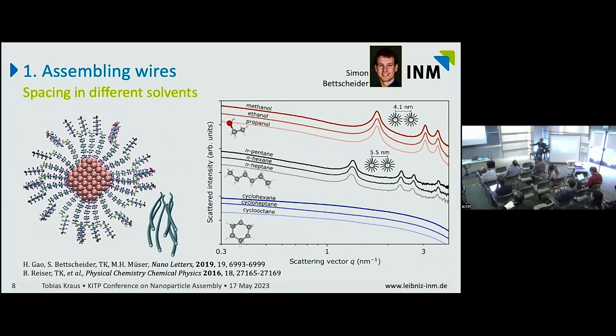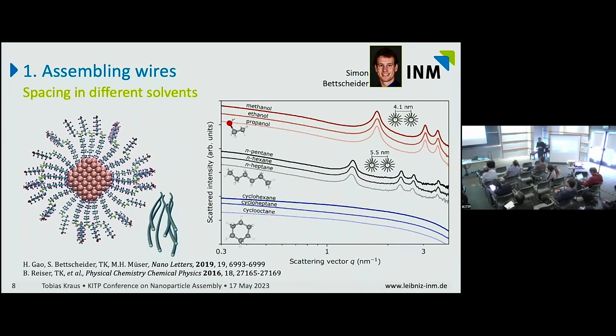They are not aligned, or they do not lose as much configuration entropy by interacting here. So if you put these in, the gain that the wires have by sharing a solvent shell is not as high as for the alkanes. And so this entropic mechanism of attraction is much stronger for alkanes than for cyclical alkanes.